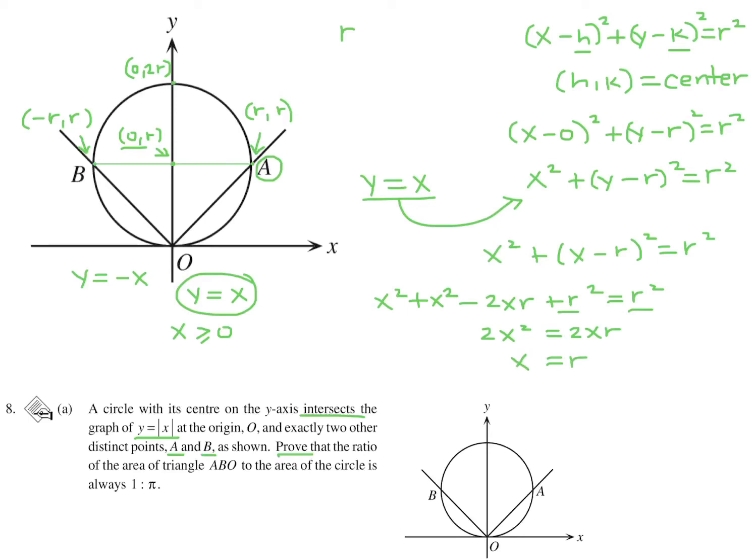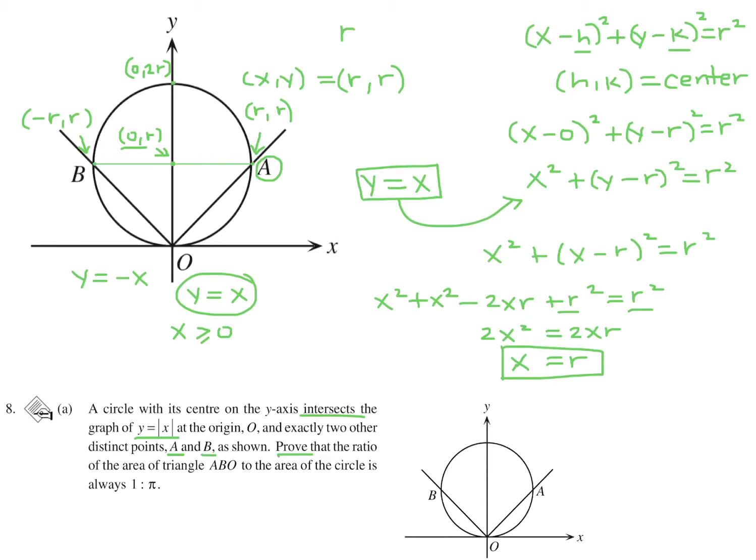So that basically means that at this point, if you have x and y, it is r, because x is equal to r, we just proved that. And the y coordinate, well, y is equal to x. So there you go. That is basically, we are proving for sure.